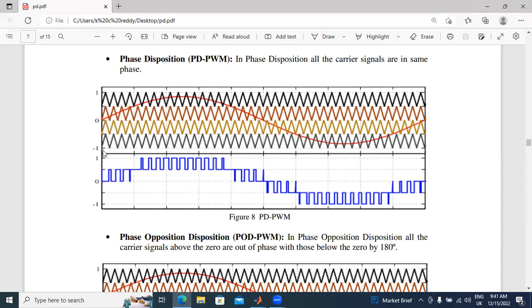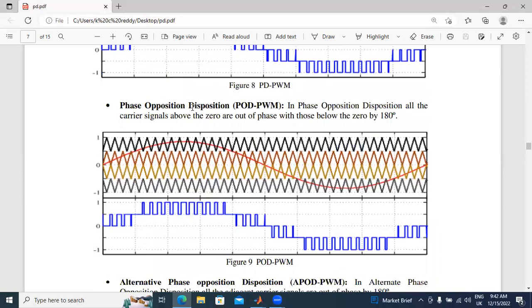The fourth carrier signal varies from minus 1 to minus 0.5 and minus 0.5 to minus 1. In phase disposition, all four carrier signals are in the same phase.